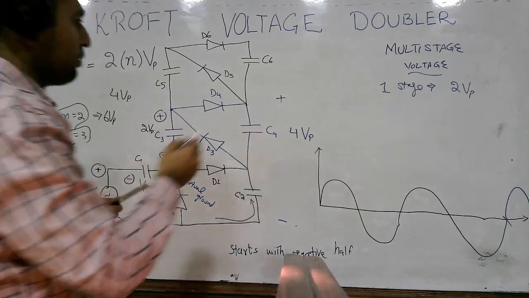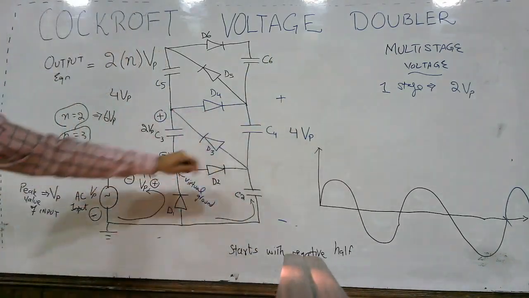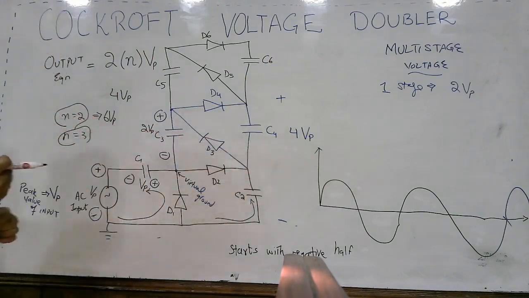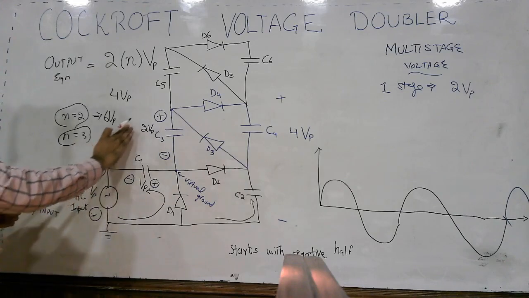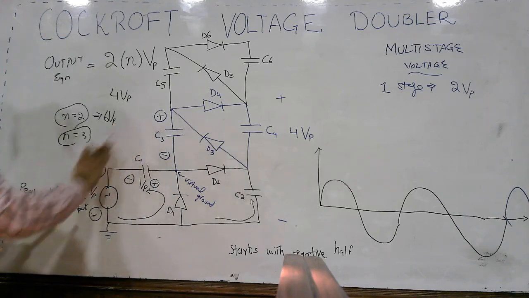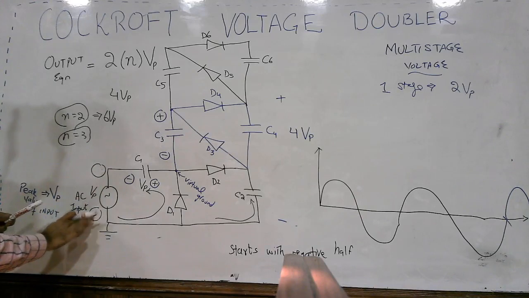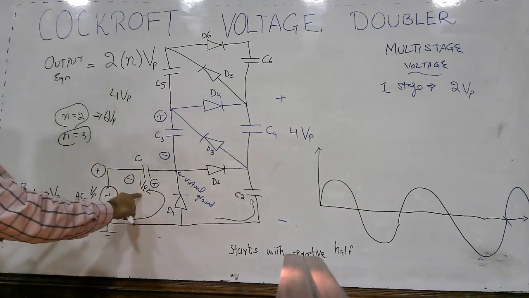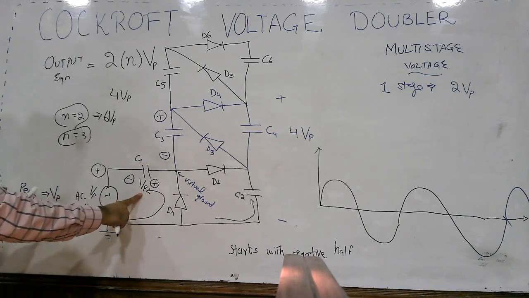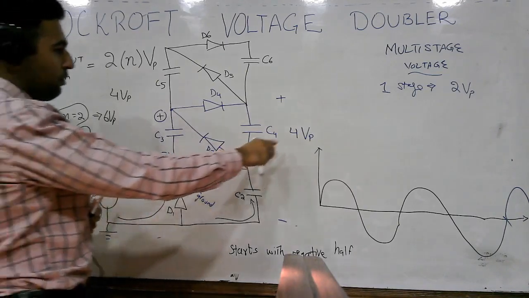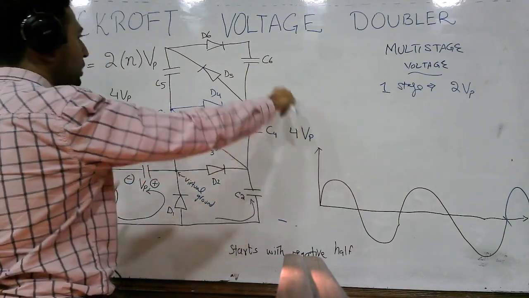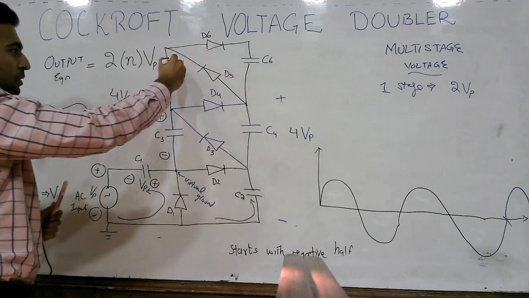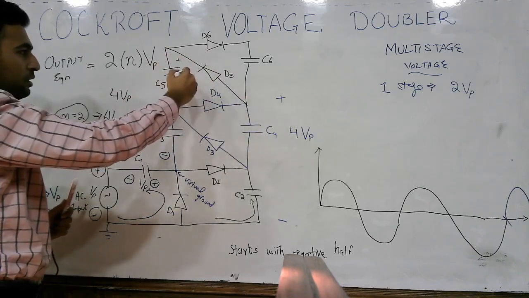And the output here will be, let's say here you have the charge storage for Vp. When you have a negative cycle, capacitor C1 will charge to Vp, and this 4 Vp will be stored here and discharged to C5 through diode D5.